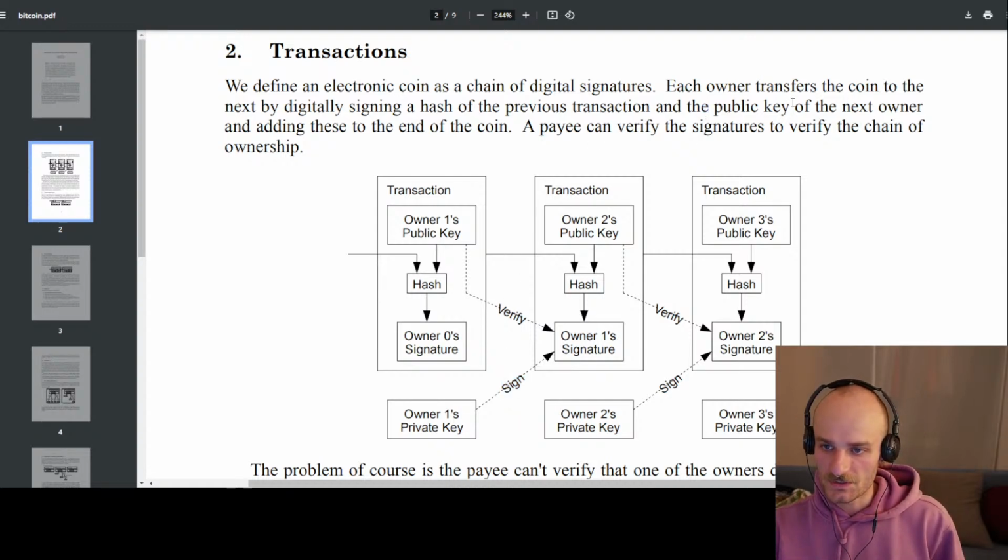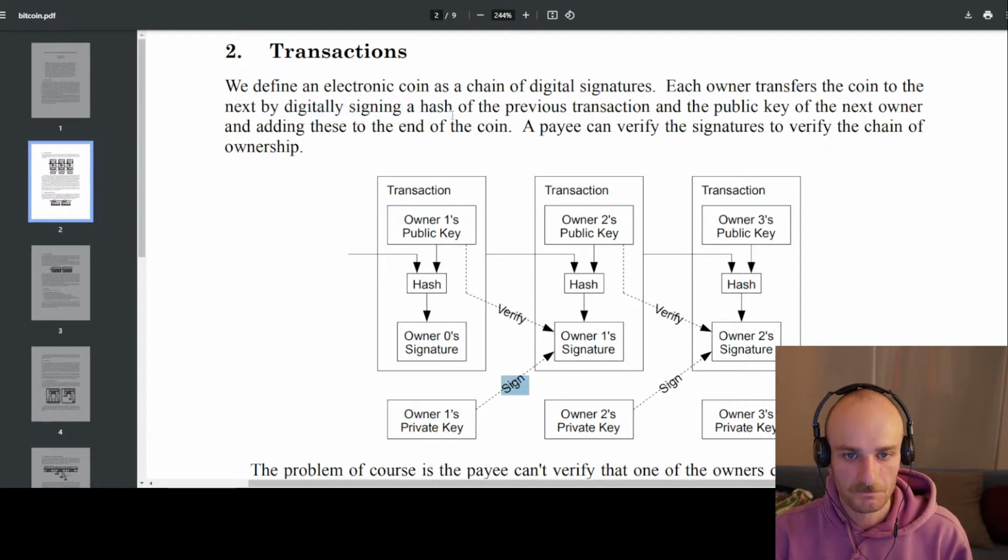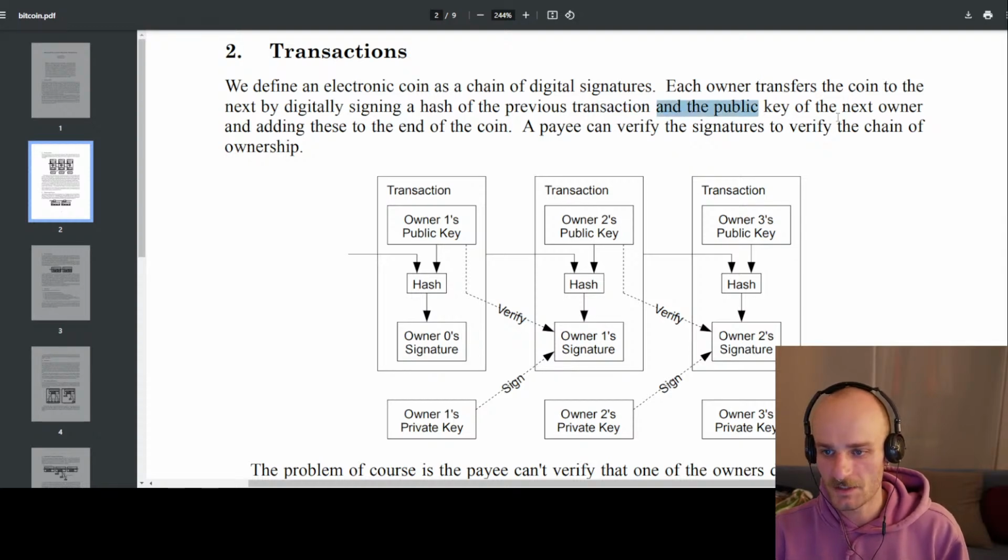Each owner transfers the coin to the next by digitally signing a hash. Okay, so this is digitally signing a hash of the previous transaction and the public key of the next owner. So with this signature, I'm saying, okay, the token I received here now is associated with this public key.